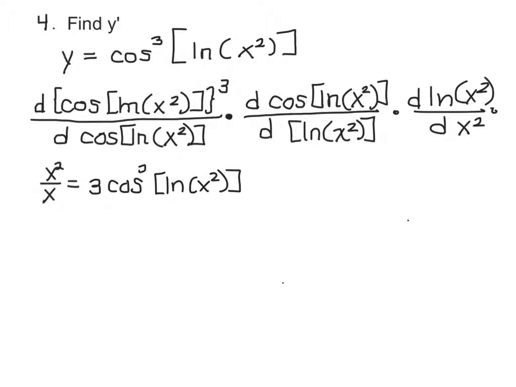And this is multiplied by the derivative of the cosine, which is the negative sine of the natural log of x squared, times the derivative of the natural log, which is 1 over its input, x squared, and then lastly the derivative of x squared is 2x.